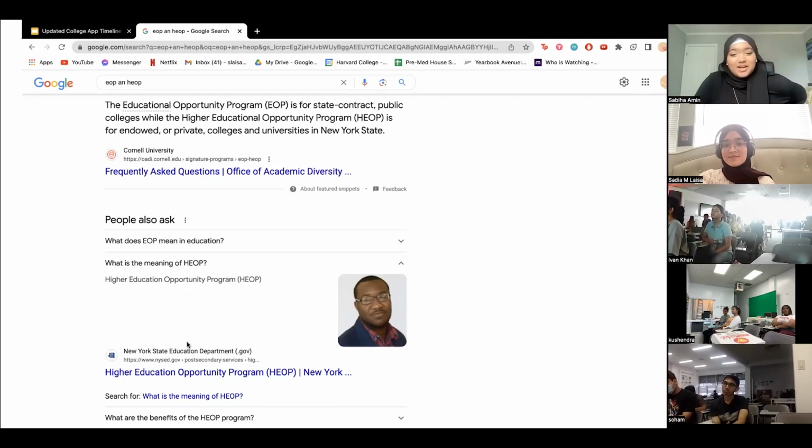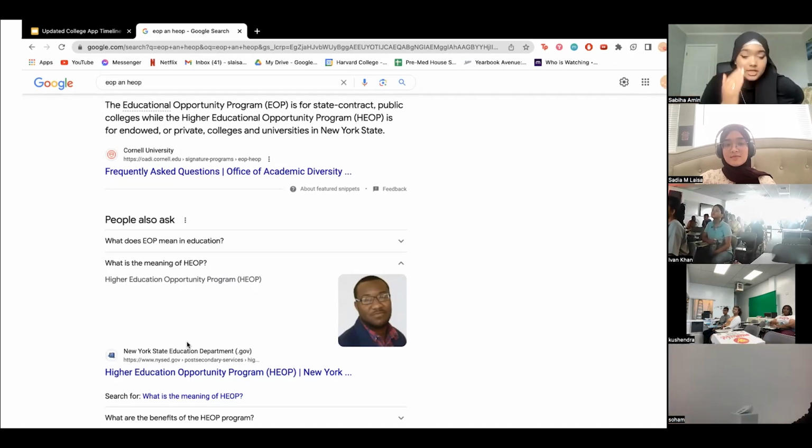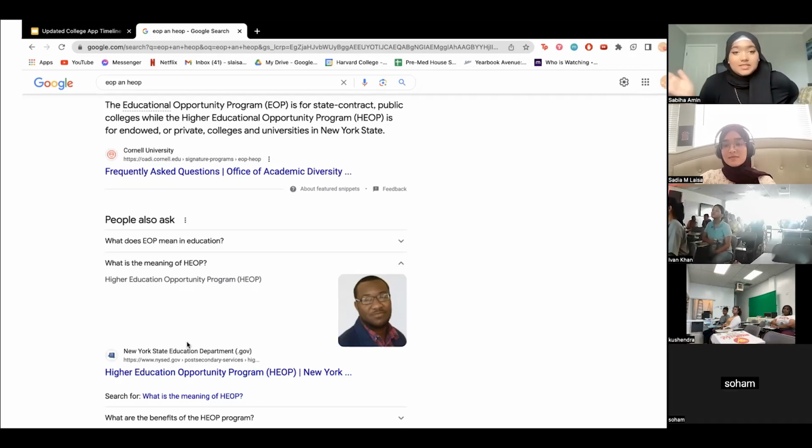The Educational Opportunity Program is for low-income students who are first generation, and the threshold in which you can apply really varies from school to school. For example, Stony Brook and Cornell don't have the same threshold.